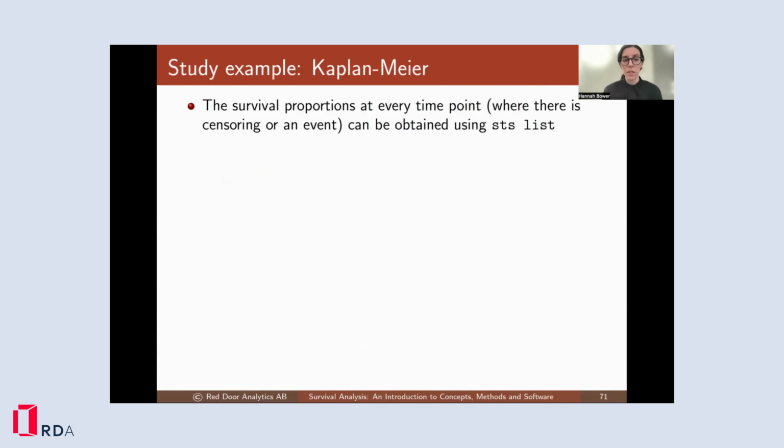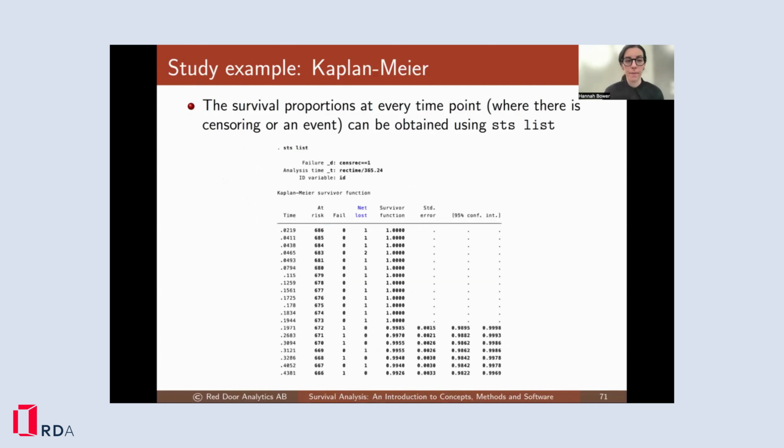So if we go back to our study example, which is looking at breast cancer recurrence or death of patients with breast cancer in Germany, then we can look at the survival proportions at every time point, at least where there is a censoring or an event, by using Stata and the sts list command. So if we just write out sts list, you can see we get this output here.